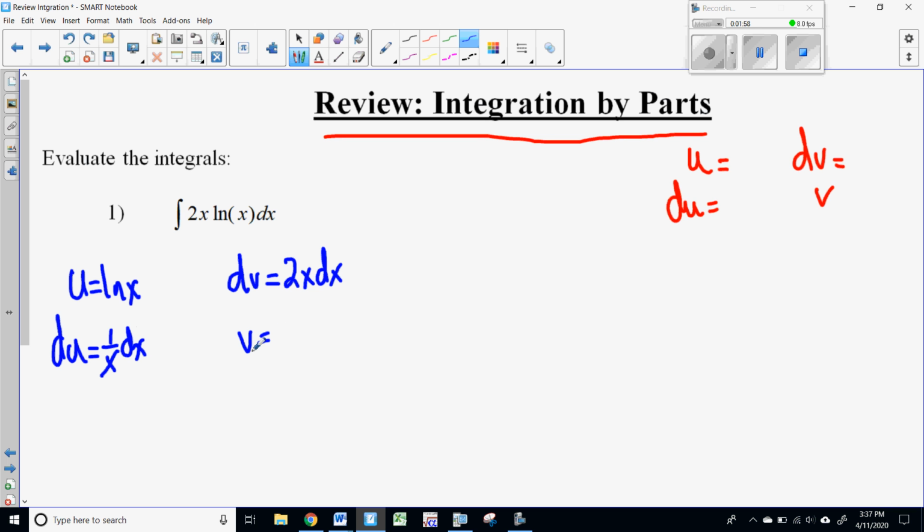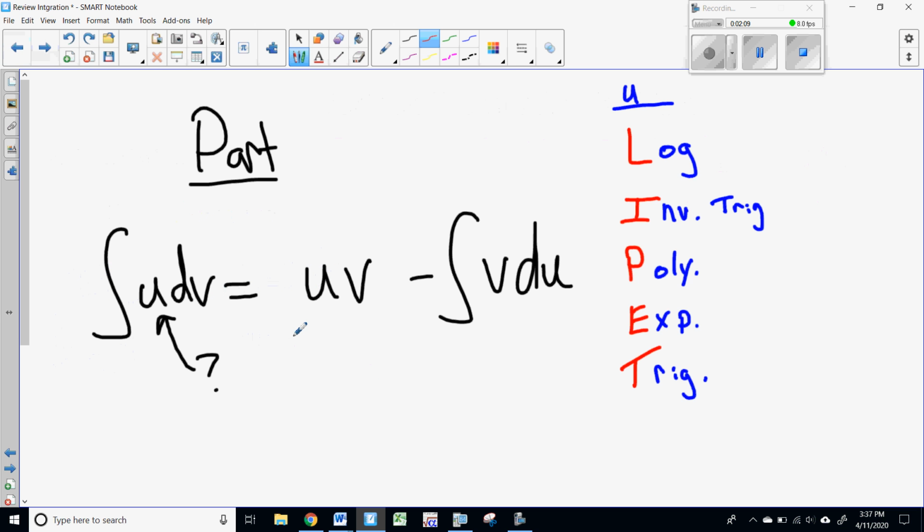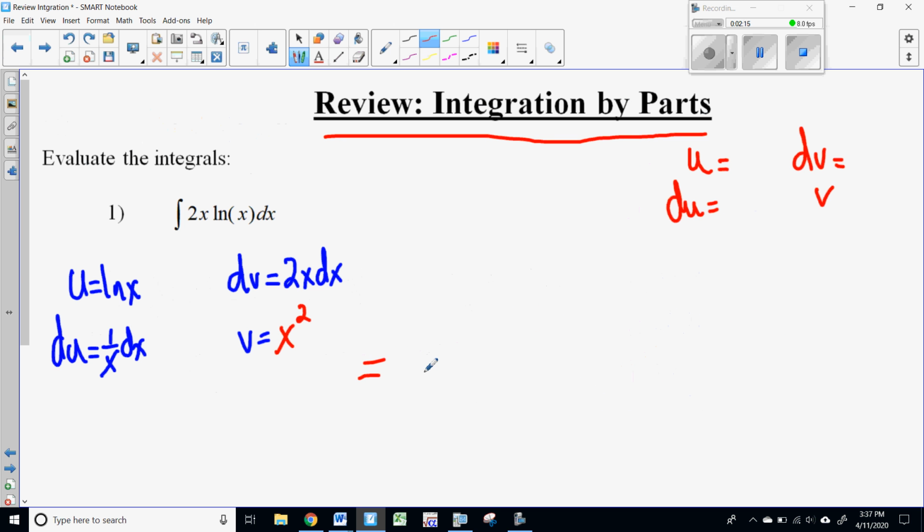To find our v, we take the antiderivative of 2x, which gives us x squared. Now our formula is uv, which is x squared natural log of x, minus the integral of v du, which is x squared times 1 over x dx.